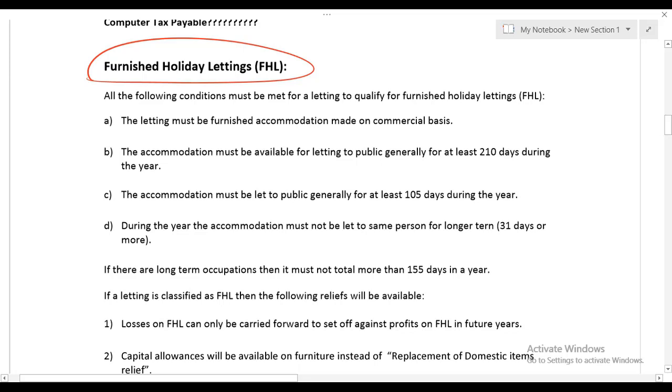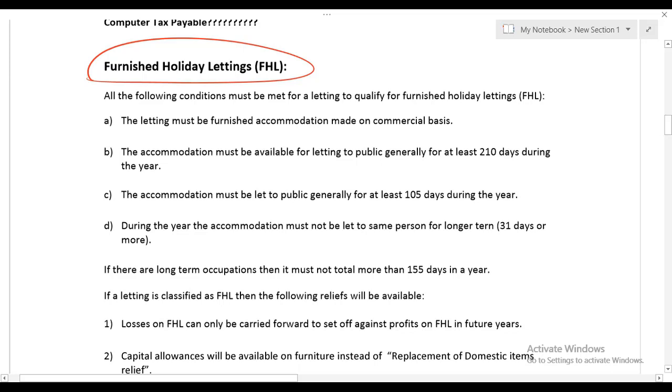Anyone sitting in that attempt with no knowledge of the furnished holiday letting rules would not get any marks. When the examiner asks you to tell the rules, you have to tell the rules. You cannot make the rules up by yourself.